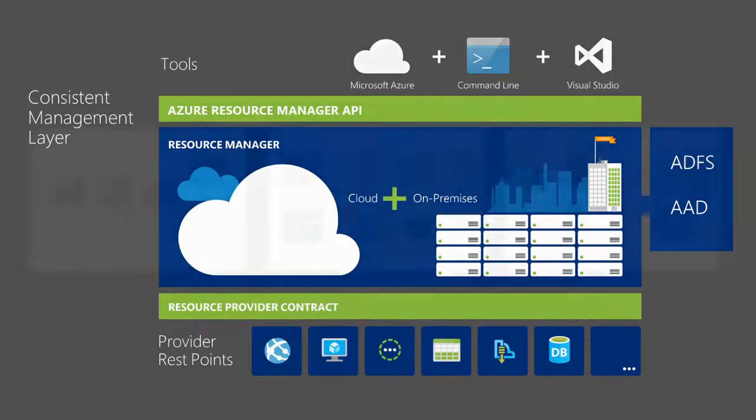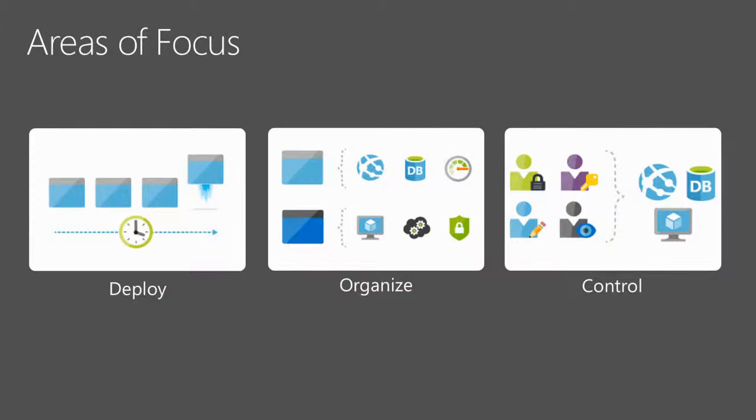Okay? So we'll be looking at three main areas today. Number one is how do I use Resource Manager to deploy my applications into the cloud? Number two, we'll be looking at how Resource Manager helps you organize your resources and your applications in the cloud. Why is this important?